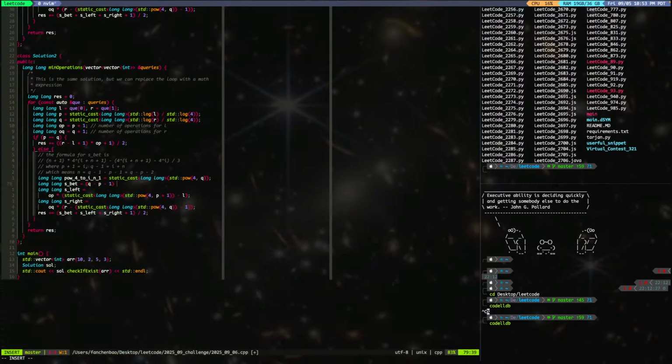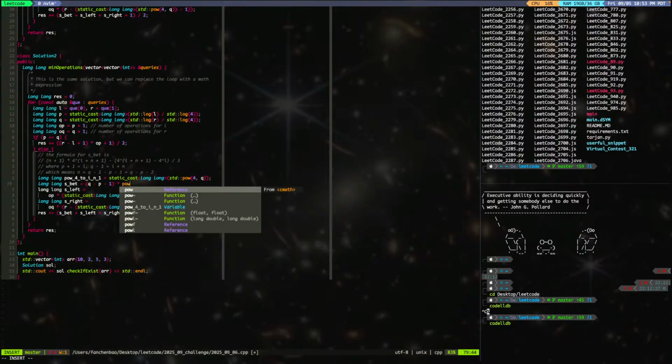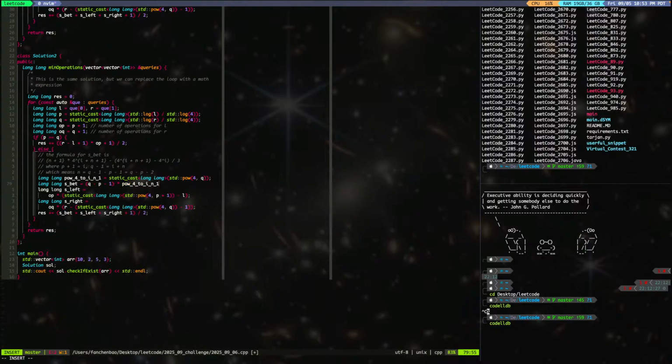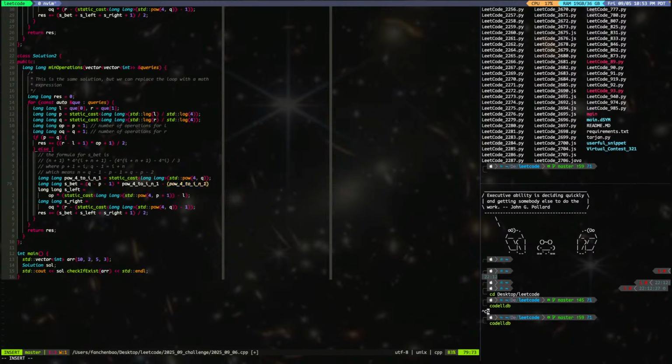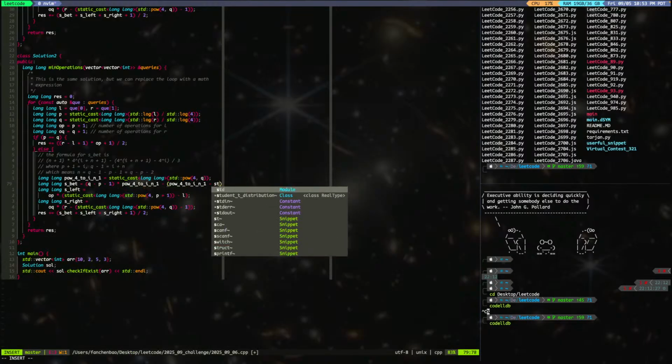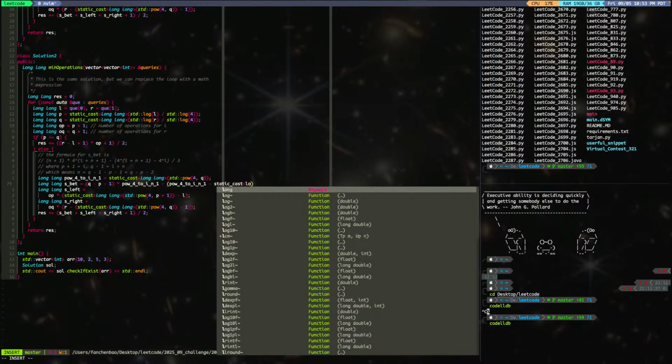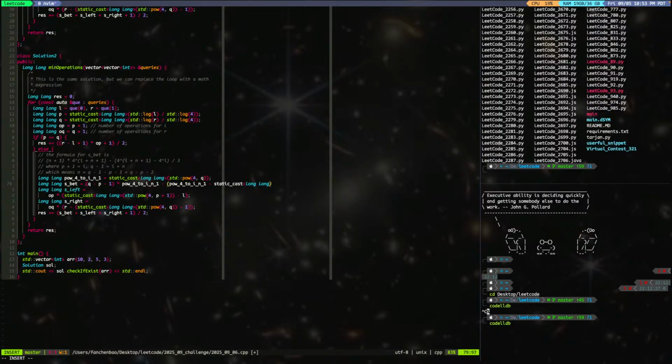So n plus 1 times pow this minus pow this minus static cast long power 4 to the I is p plus 1, so this divided by 3.